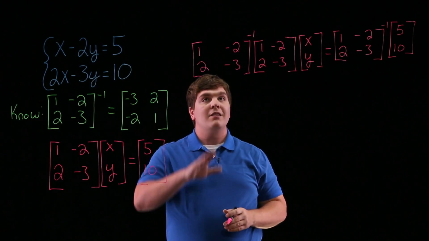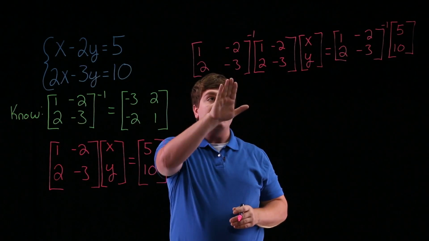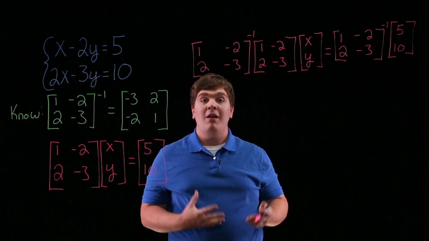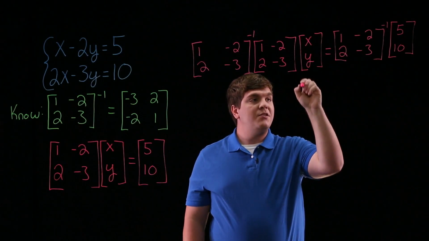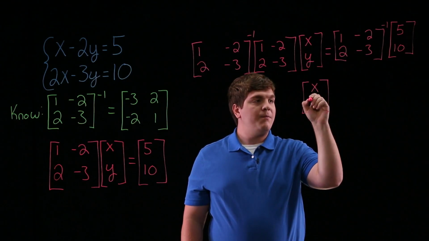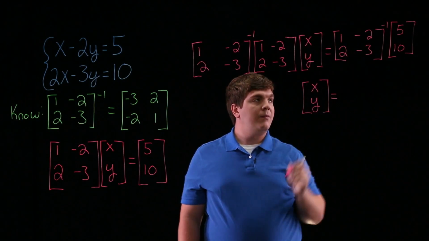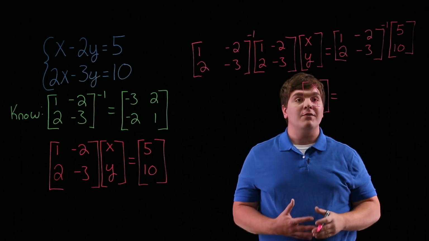So now what happens is we have something that looks like A inverse times A, and we know that these multiplied together give us the identity matrix. So what we're left with here is just the column matrix x, y. And on this side, we have this matrix times this column matrix.